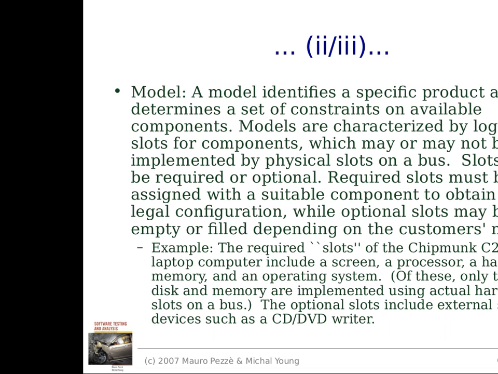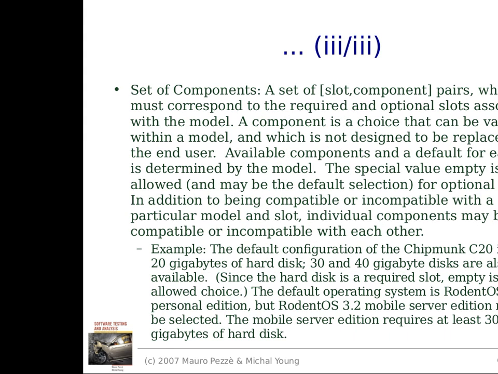So once they select a model, they will then be given an opportunity to put in a certain number of slots or different other characteristics, CD, DVD writer, etc. Then of course you may have a set of components that go in different slots. A great example here is the default configuration for Chipmunk C20, which includes a 20 gigabyte hard drive; 30 or 40 may also be selected, and different types of operating systems.